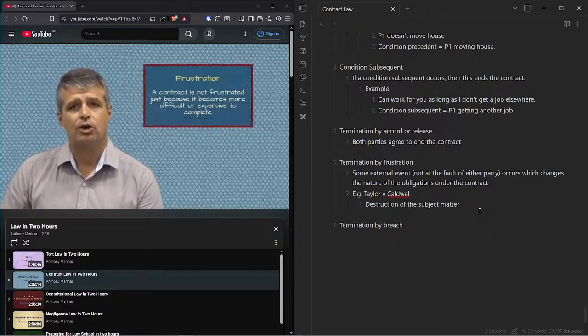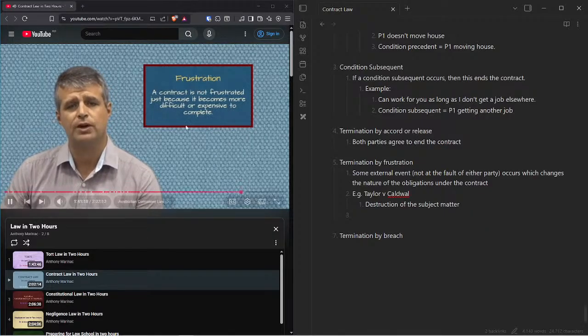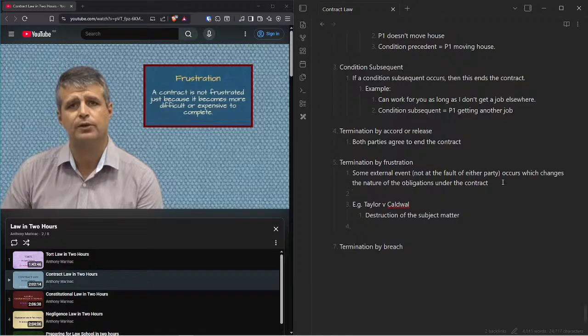First up, a contract doesn't become frustrated just because honouring the contract becomes more difficult and expensive to complete.